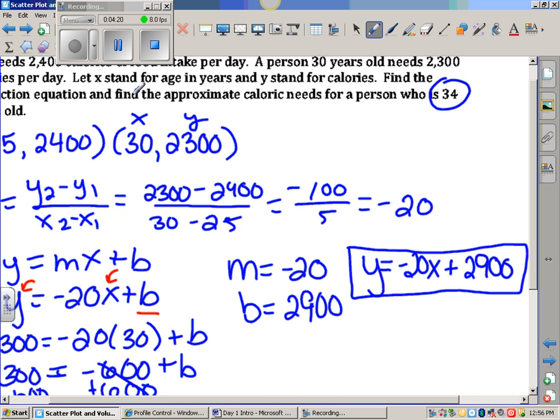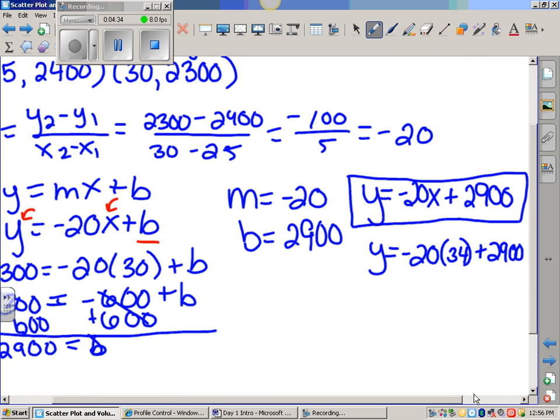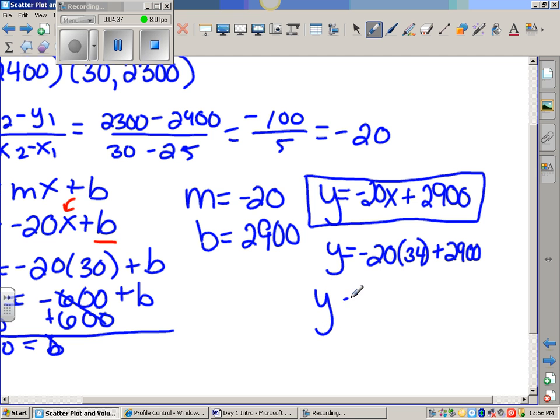A variable represents an unknown number. It's not unknown to me right now. I know that's 35. So you take your negative 20. You're going to sub in 34. And now you're just going to solve. So you get y equals negative 20 times 34, same sign positive, different sign negative.